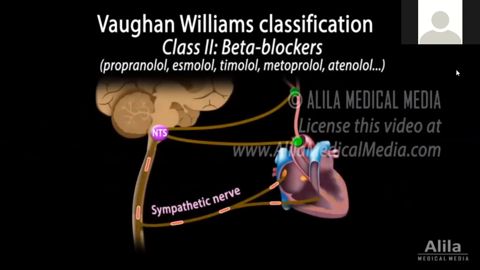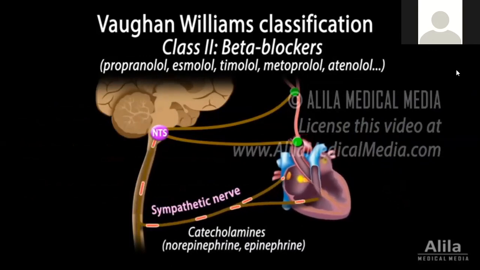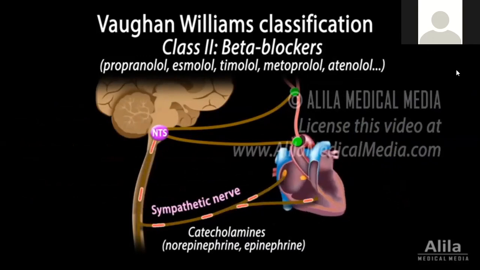Class 2, beta blockers. These drugs bind to beta-1 adrenergic receptors and block the sympathetic influences that act through these receptors. Sympathetic nerves release catecholamines, which increase SA node firing rate and cardiac conductivity, especially at the AV node. These activities may precipitate arrhythmias.